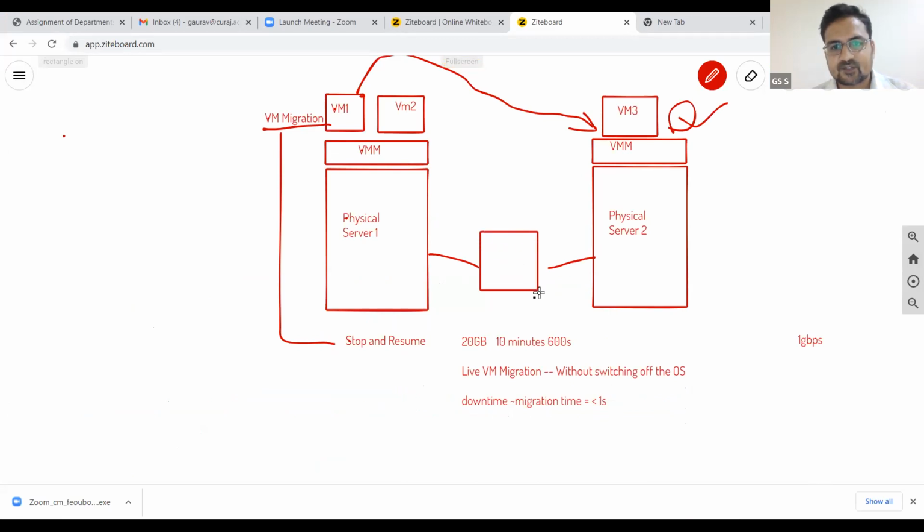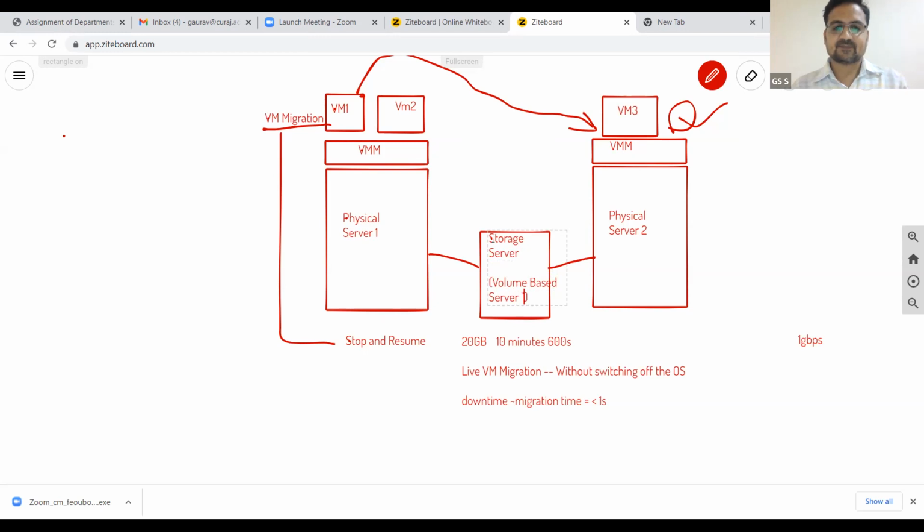Yes, sir. So between these two physical servers, I'm creating another server, and this server will be known as the storage server. This storage server is a volume-based server for block devices.